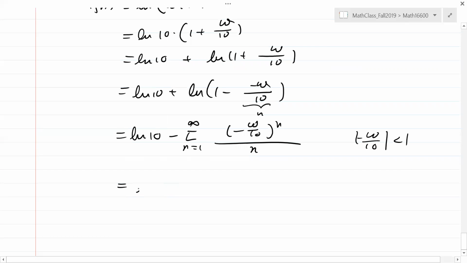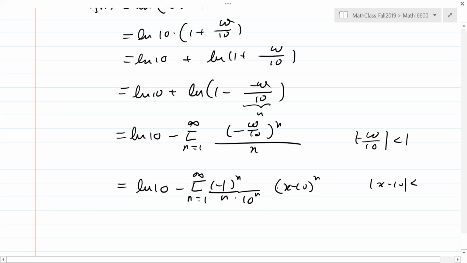Okay, so now I have negative 1 to the power n divided by n. And here I have a 10 to the nth power. And this is w to the power n, so x minus 10 to the n. And here absolute x minus 10 less than 10. Okay, so we get the answer.